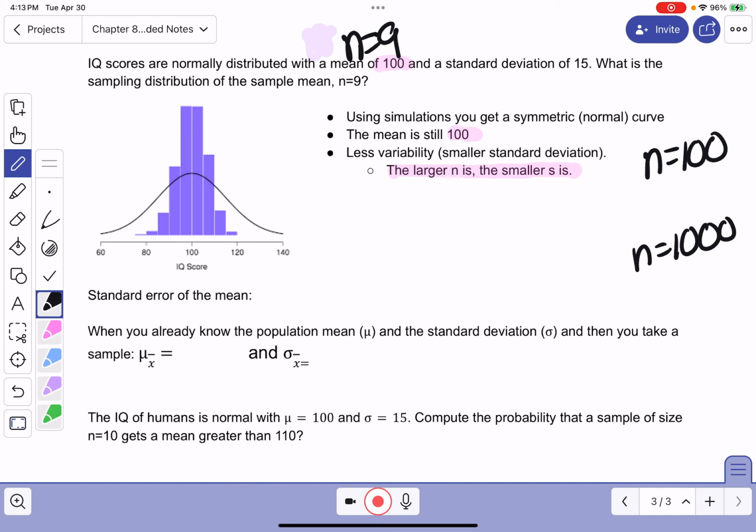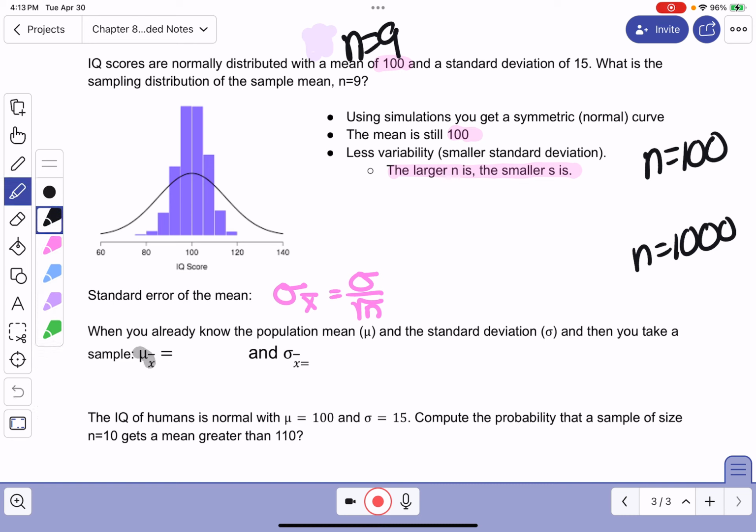So in order to take advantage of this and acknowledge it, we use what's called the standard error of the mean when we're finding the sample deviation. And that takes the deviation and divides it by the square root of n. That just acknowledges that the bigger n gets, we're changing our standard deviation. So we already know mean and standard deviation of those symbols.